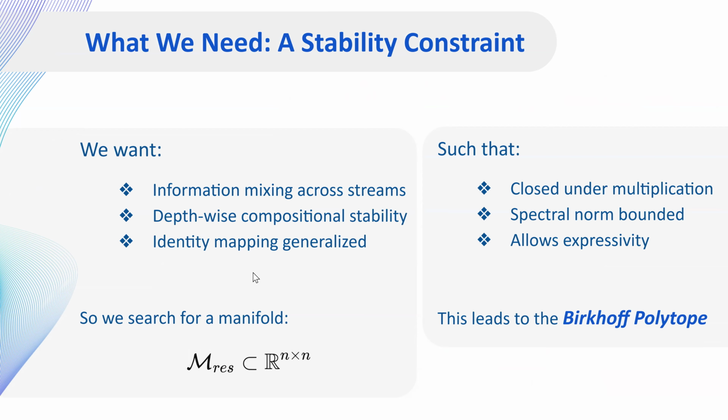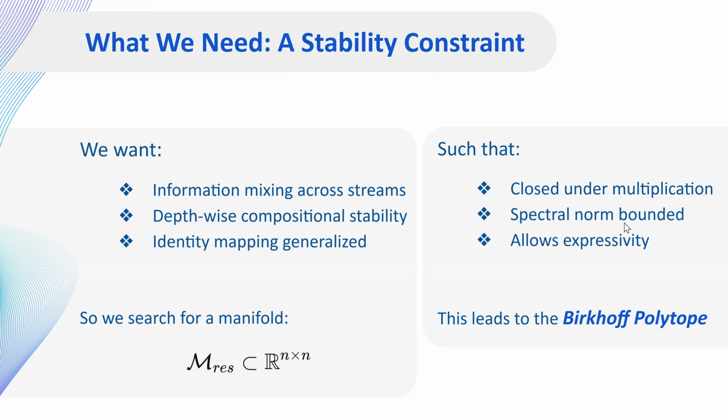And the third one is that we want to preserve this identity mapping and generalize it. So we search for a manifold. If we can constrain all of these mappings, maybe we can solve the problem. This manifold should be closed under multiplication, because we are stacking layers on top of each other and multiplying these mappings together. It should also have a bounded spectral norm.